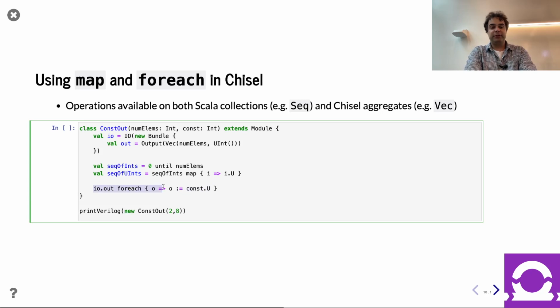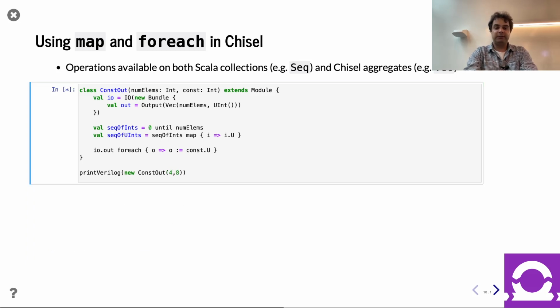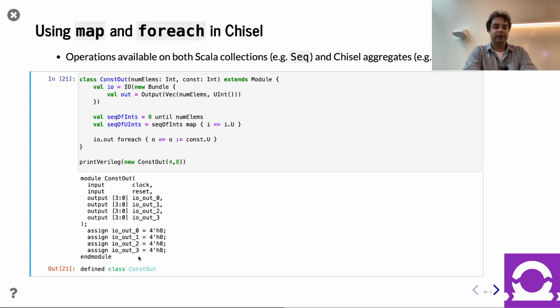So in this trivial example, we're using a foreach because there's nothing returned, but the thing that matters is the side effect: the connection we're making between each output in io.out and this constant. You can imagine this code when it gets emitted. We can take advantage of being parameterized. Sure, we can have 4 things connected to it. This is a trivial example, but it gets the point across. So for example, when connecting a lot of outputs, perhaps you can use something like foreach sometimes.